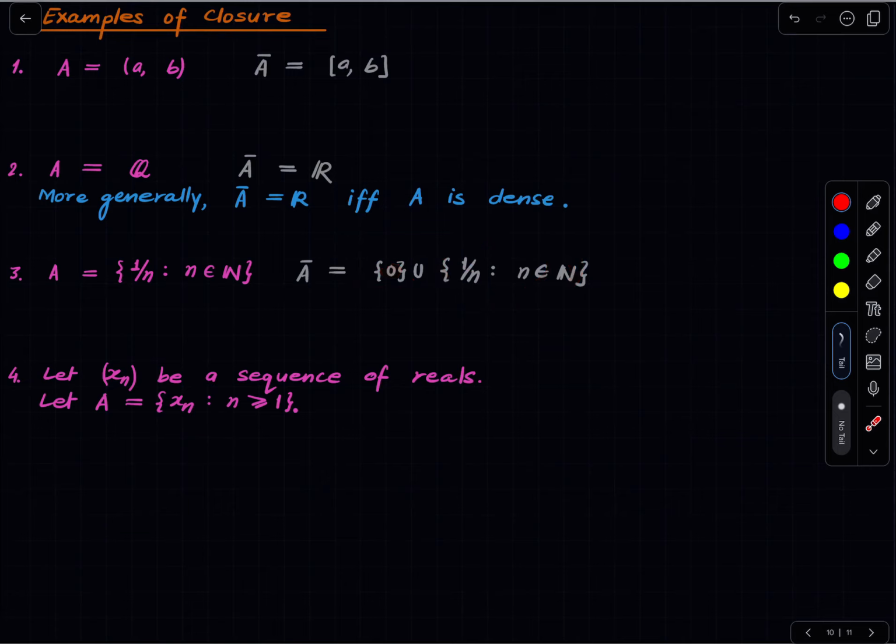That I leave as an exercise. More generally, if we have a sequence of reals, and A is the set of all the points in the sequence, then the closure of A is A union all subsequential limits.